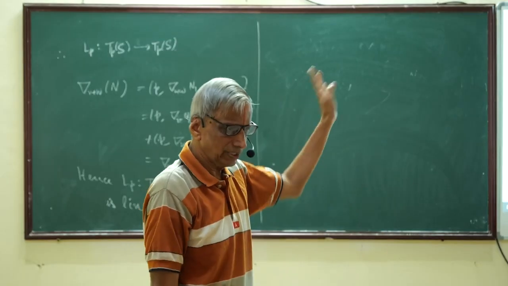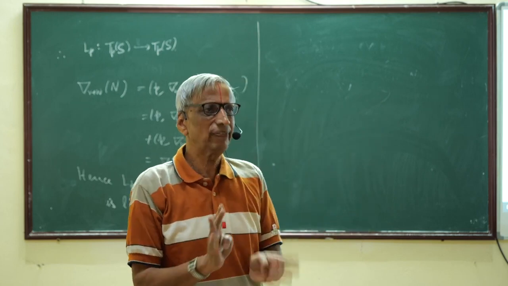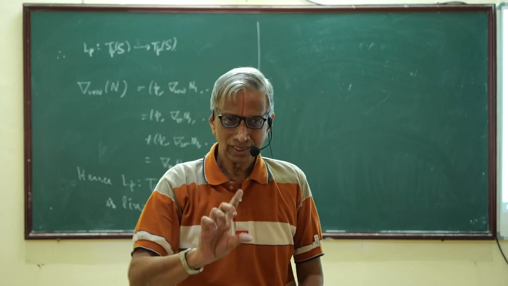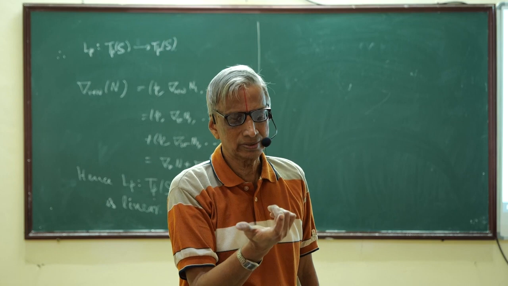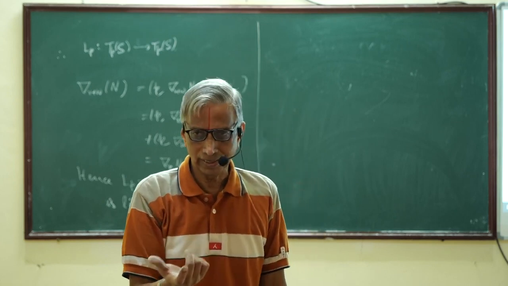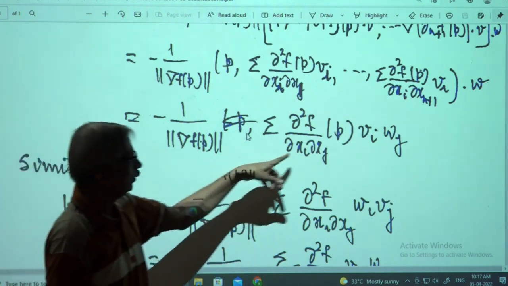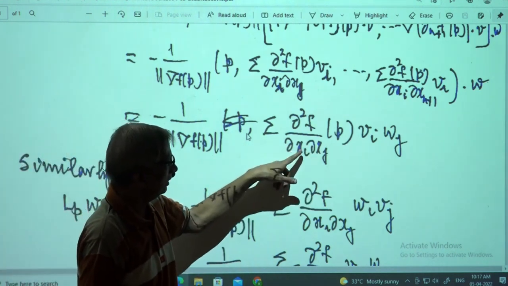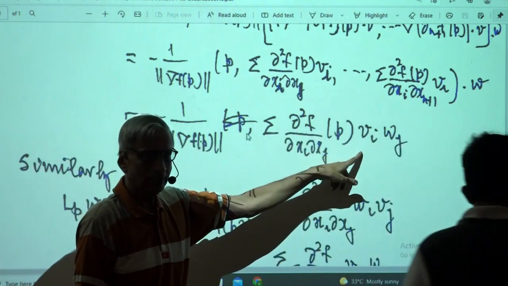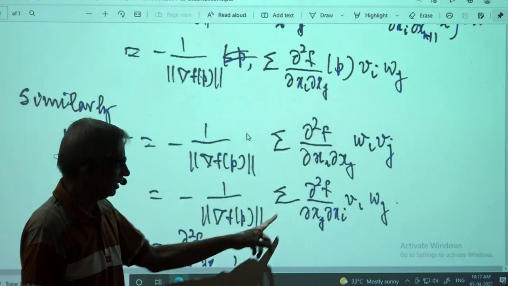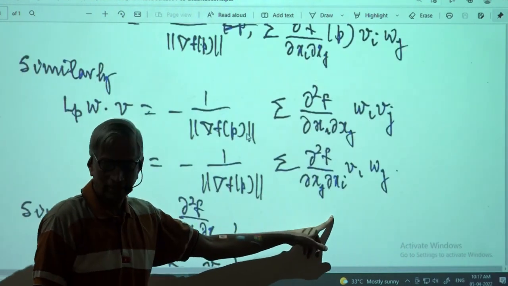So you can do the same thing with the other one. The only difference is going to be the change in the order of taking partial derivatives. So here you will get del xi, del xj, and the other one you will get del xj, del xi.